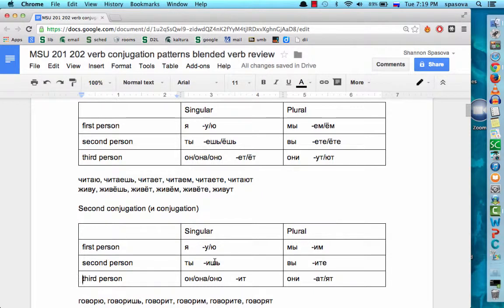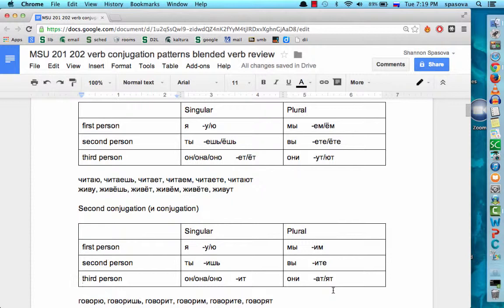The only one that's really different is the они form, where in the first conjugation we have ут, ют. In the second, we have ат, ят. An example of this one is говорить. Я говорю, ты говоришь, она говорит, мы говорим, вы говорите, они говорят.